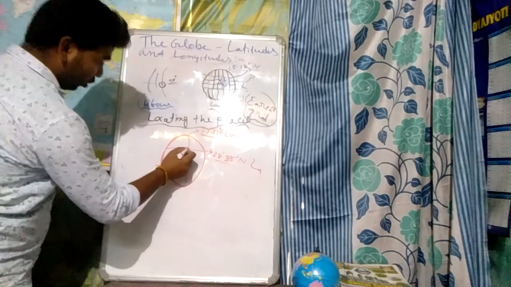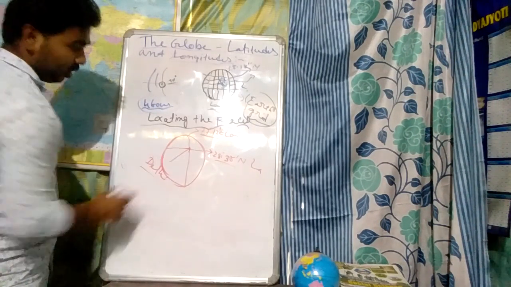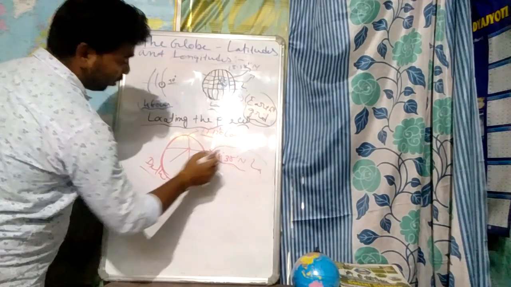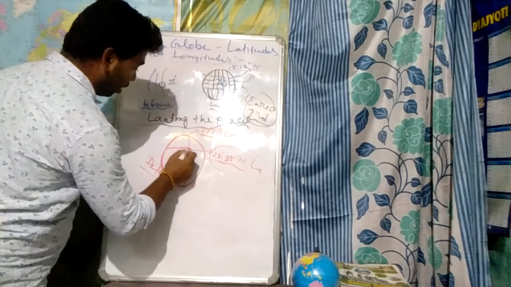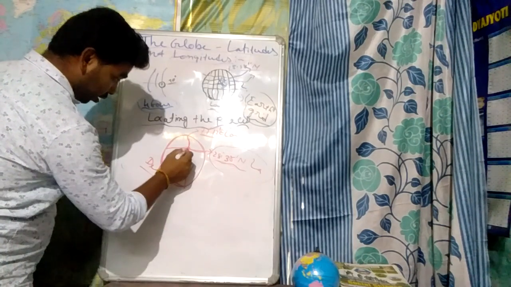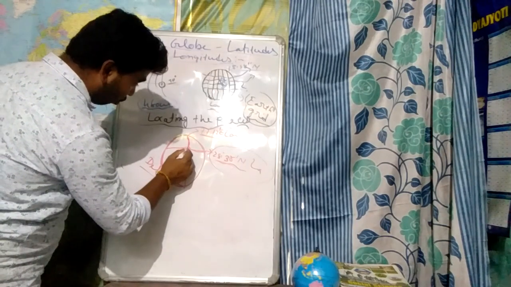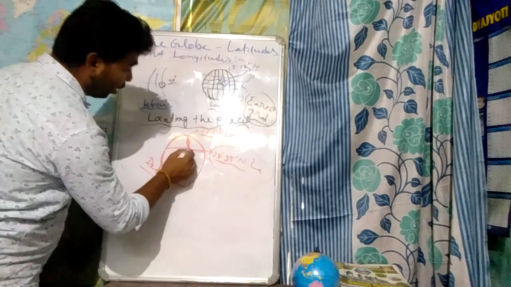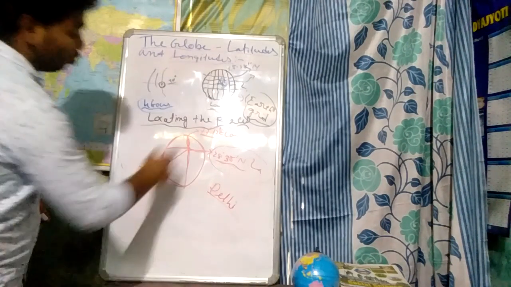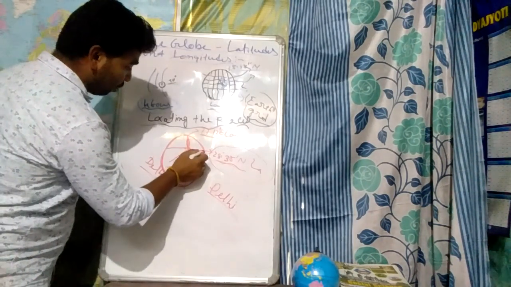Suppose this is the place of Delhi. Here passes the 28 degree 38 minute north latitude and 77 degree 12 minutes east longitude, and at this point the longitude and latitude intersect, and thus we can locate the place where Delhi is situated on Earth.